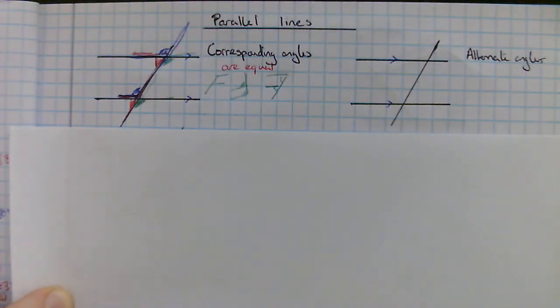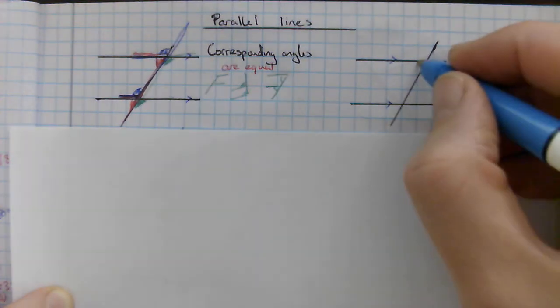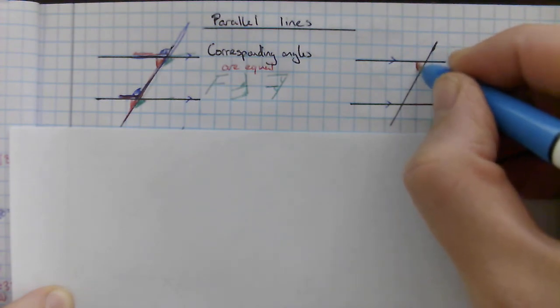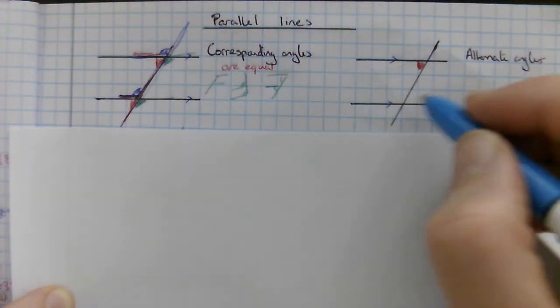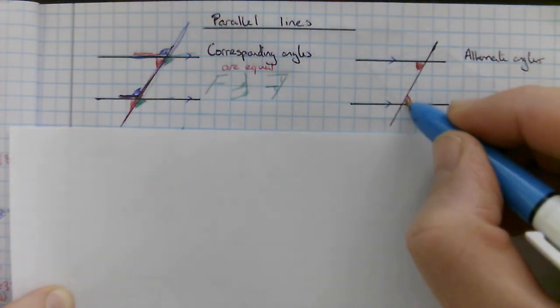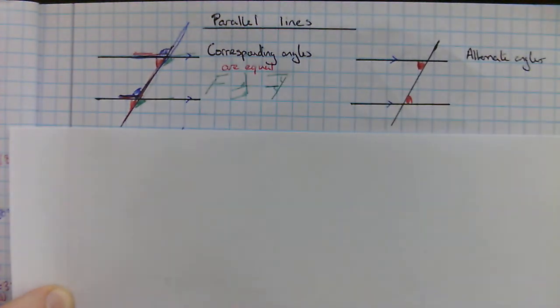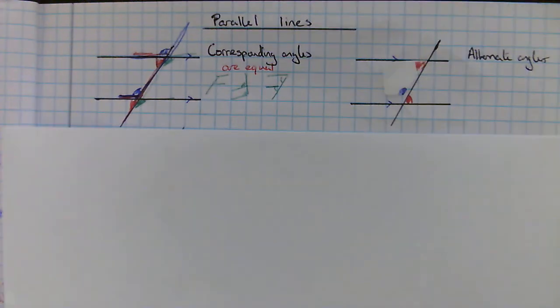The second rule is looking at alternate angles. And alternate angles, here I should see that this angle here, my red angle, is going to be equal to my red angle down here. And let's just have a look at why that is. So there you can see I've marked over that angle with red on a piece of paper.